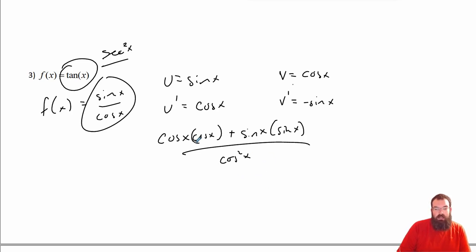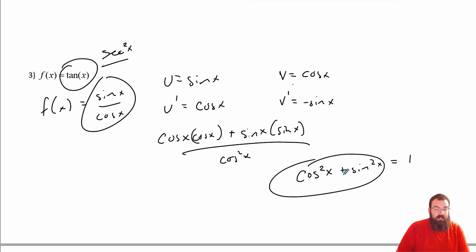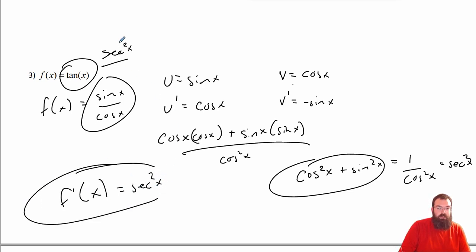So I get cosine squared plus sine squared. Now remember that's 1. Cosine squared plus sine squared is always 1. That's from trigonometry. That's over cosine squared of x, which is equal to secant squared of x. So we can say that the derivative is equal to secant squared of x. So there we go.